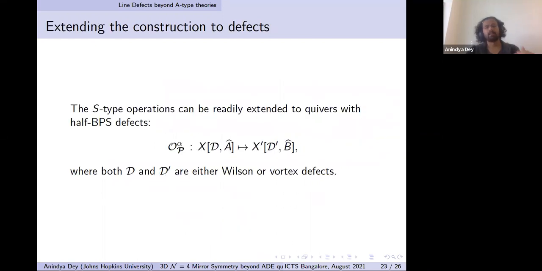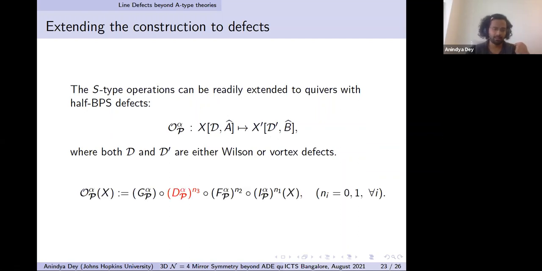So given that, what we can do is start with a quiver gauge theory, X, which is decorated by either a Wilson defect or a vortex defect. And we consider a map O alpha, which takes us to a new theory X prime, but now it's decorated by a defect of the same type, which we call D prime.